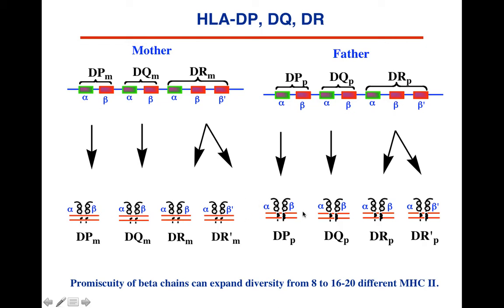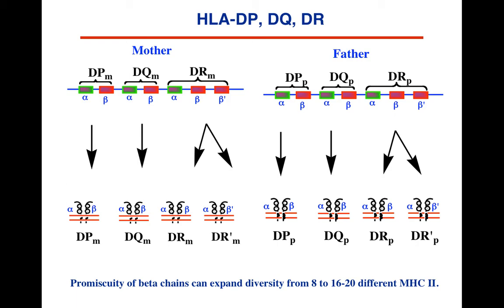And so that can double the amount for each one of those. So in practice, because of this promiscuity and the number of beta chains, the diversity for MHC2s can range anywhere from 8 to 16 to 20. And it's usually somewhere up there, in the 20 or so, 20 plus.